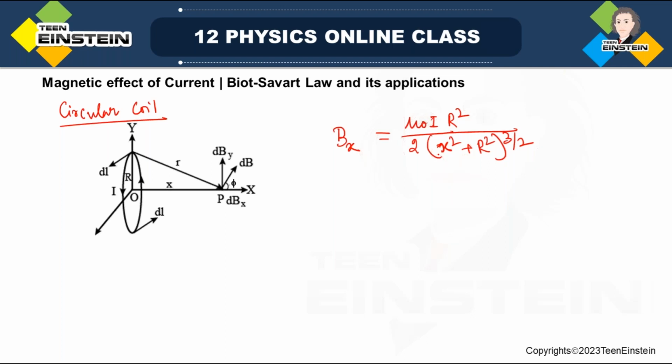Okay, so this is the main formula which you get for the axial magnetic field produced by a circular loop.